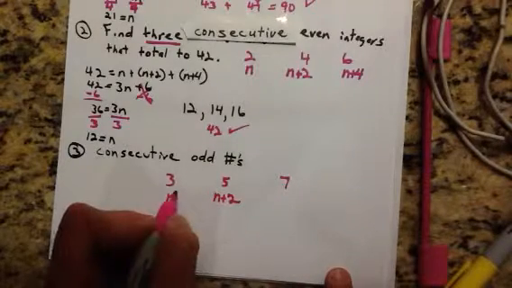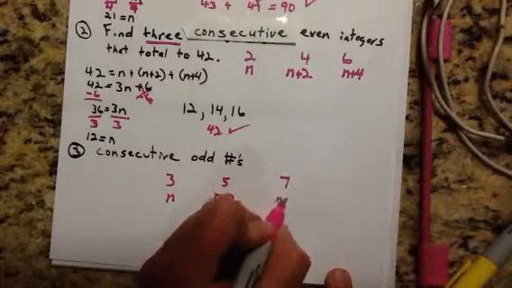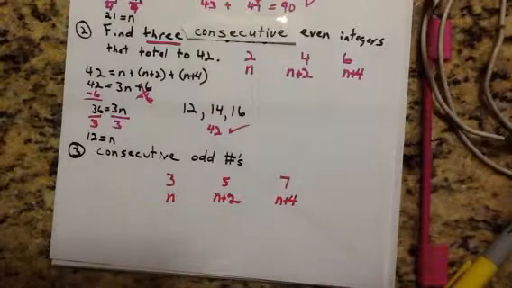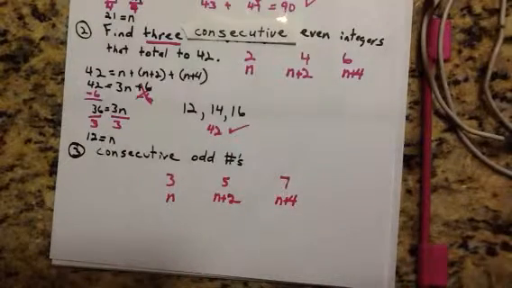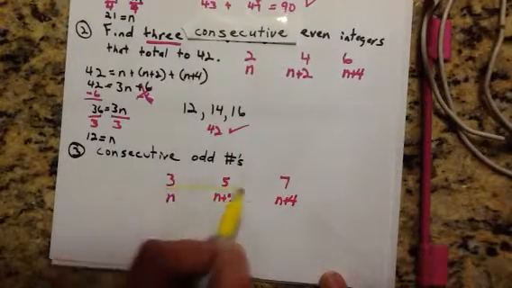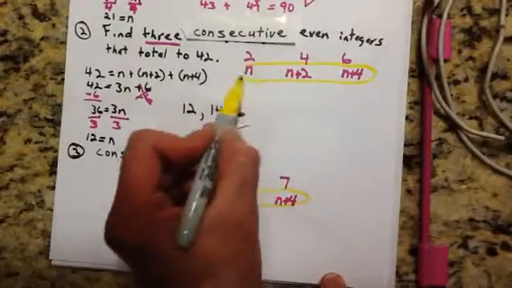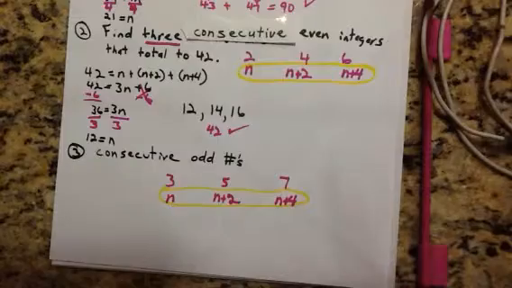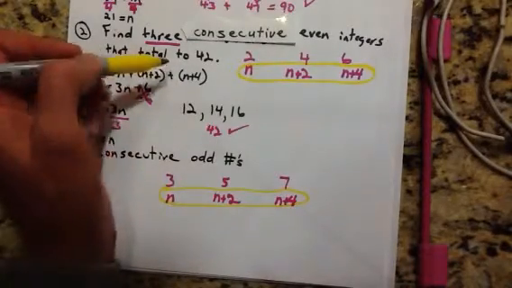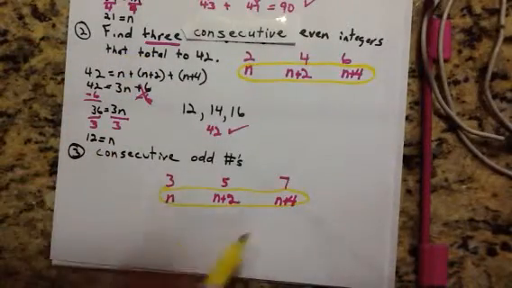And 7 is 4 more than 3, so n plus 4. Notice these are the same as these. This is asking for even, this is asking for odd, so why are these the same?